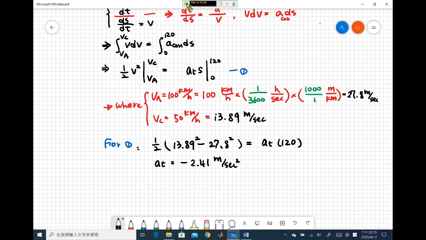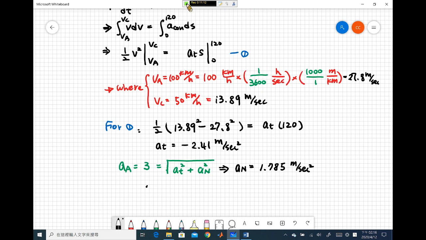Now we know our AA will be equal to 3, and that's coming from the square root of AT squared plus AN squared. We know the AT, so using this equation, you should be able to derive your AN will be equal to 1.785 meter per second squared.